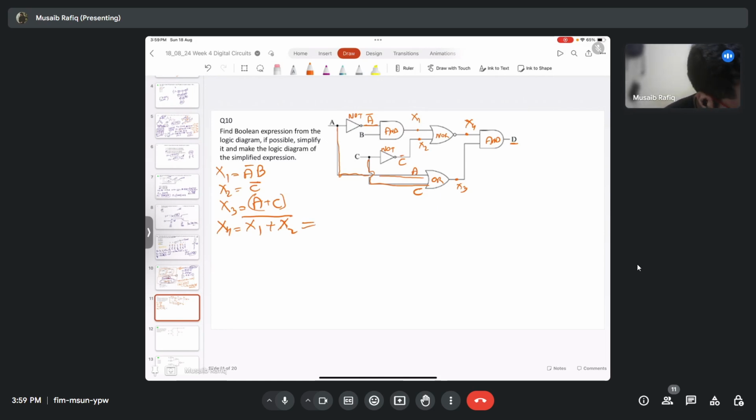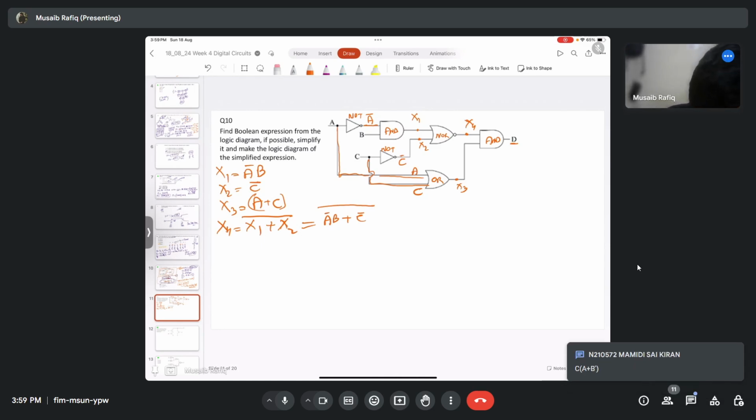So this will be equal to, what is X4? X1, what is X1? X1 is A bar B, right? Plus X2. X2 is your C bar, and it's whole bar. Now what we'll do, we'll apply De Morgan's law.